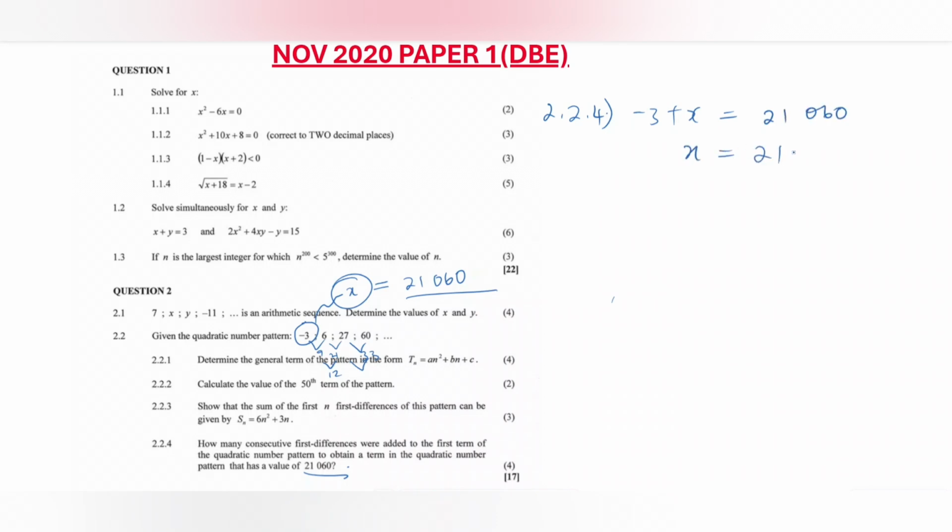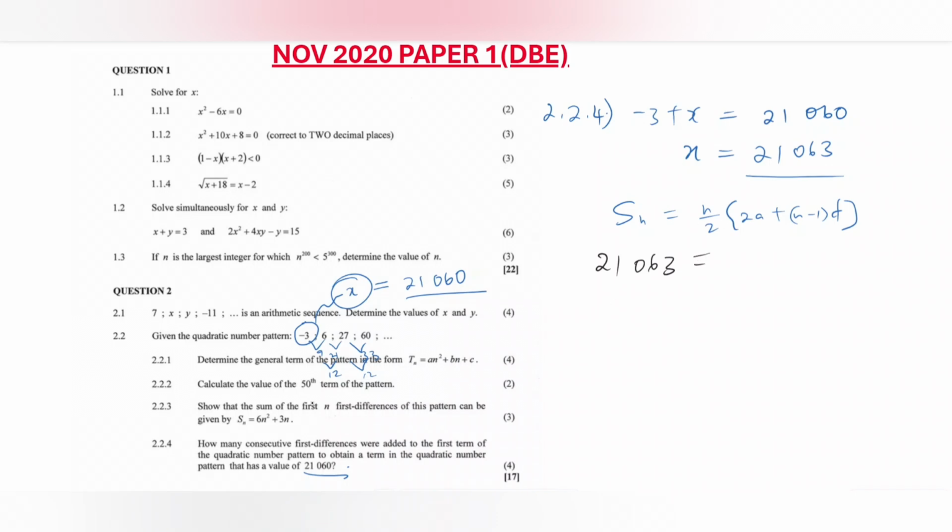It should be 21,063. So we want to see how many terms are going to give us 21,063. Since we know that the differences form an arithmetic sequence, Sn is equal to n over 2, open bracket, 2a plus n minus 1 multiplied by the difference d. In this case, our sum is 21,063.